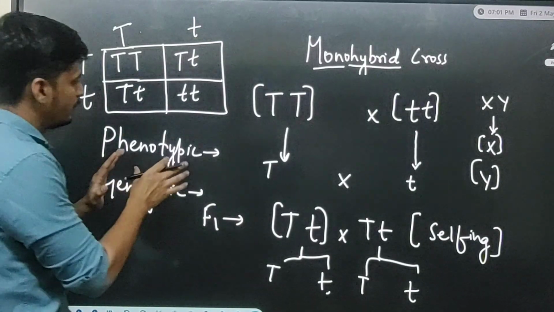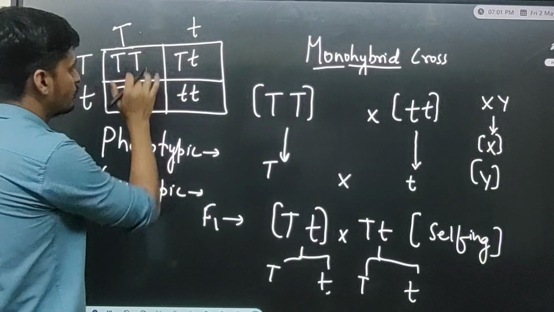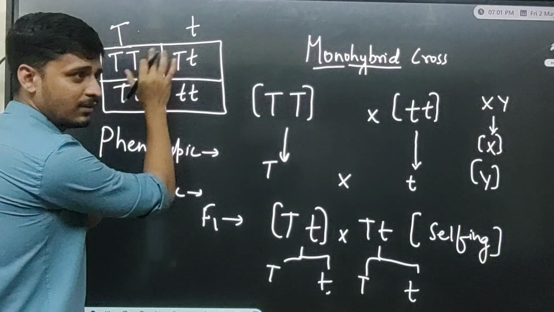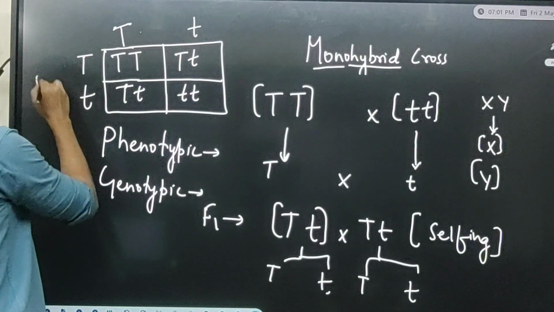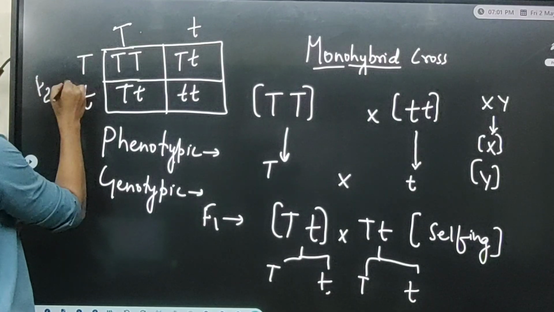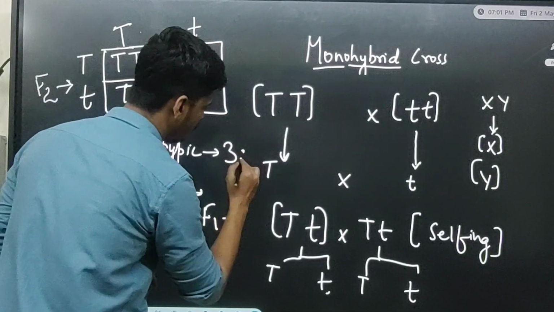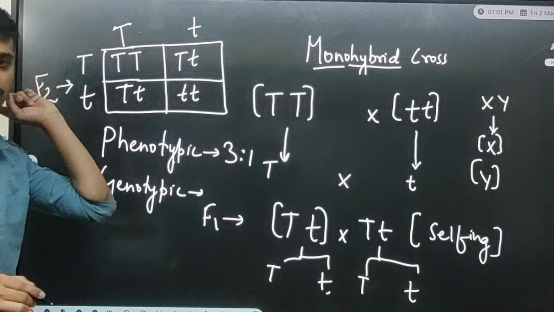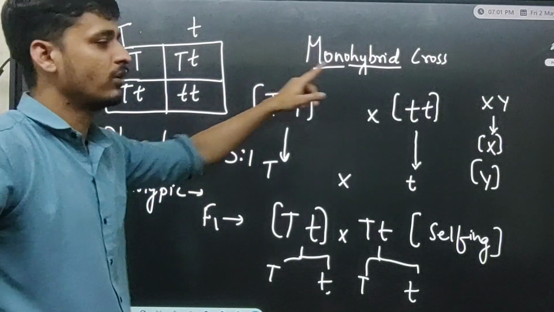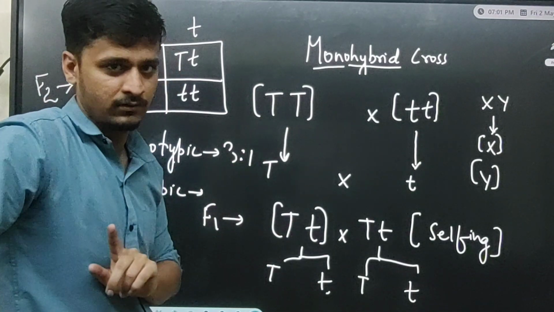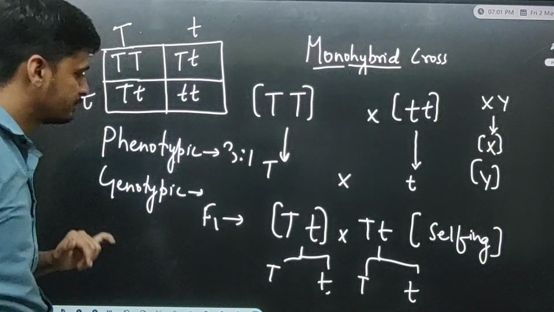So here the phenotypic ratio will be, so here 3 are tall, 3 progenies are tall in the F2 generation, this is the F2 generation. So here 3 are tall and 1 is small. So the phenotypic ratio in a monohybrid cross is 3:1. Okay, and the genotypic ratio.